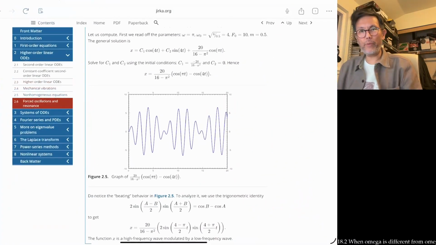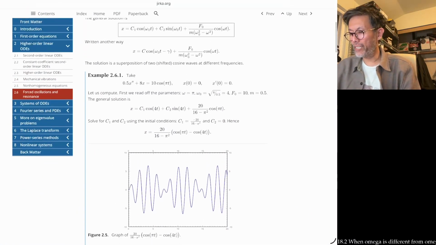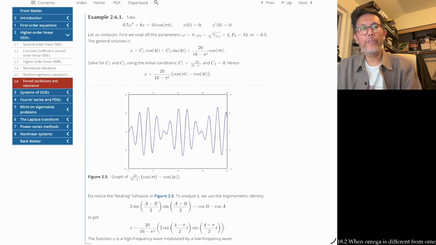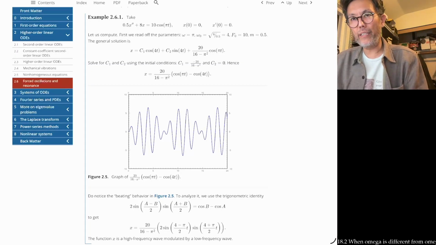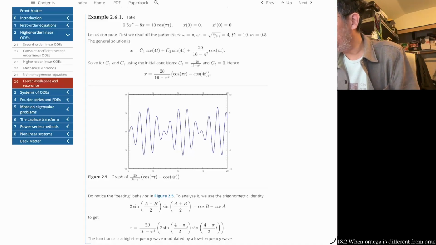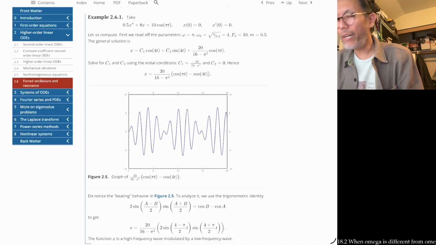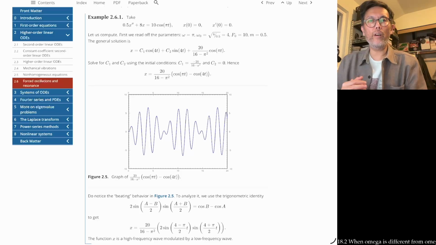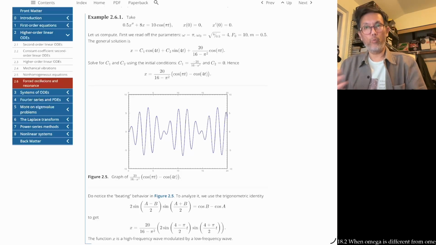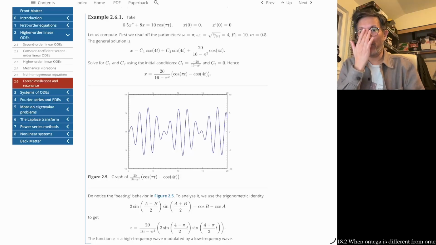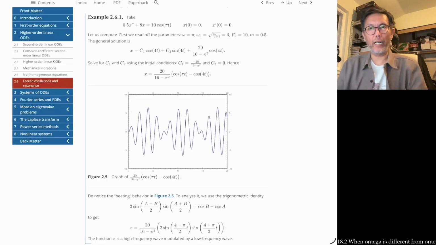So I'm going to open up the textbook. Here is an example problem in which omega naught is equal to 4, and omega is pi. Now pi is 3.14. Pi and 4 are not the same. So we are indeed in the situation that we've been discussing where omega is different from omega naught.